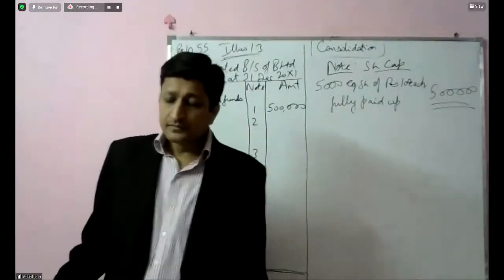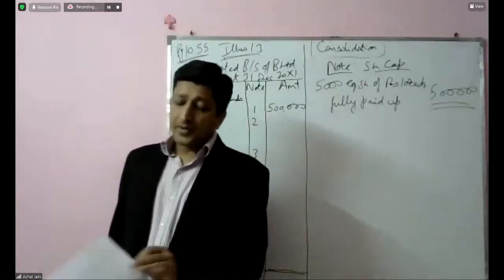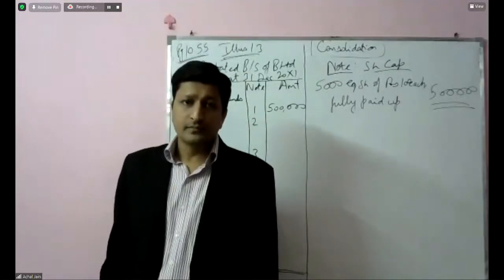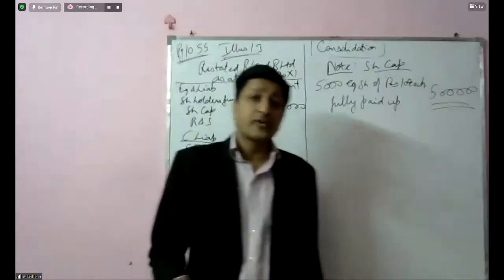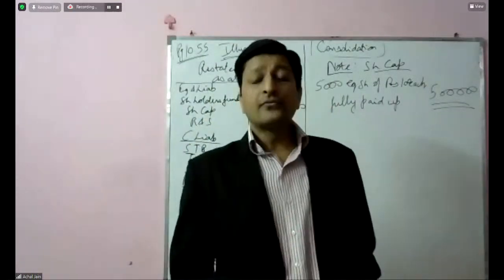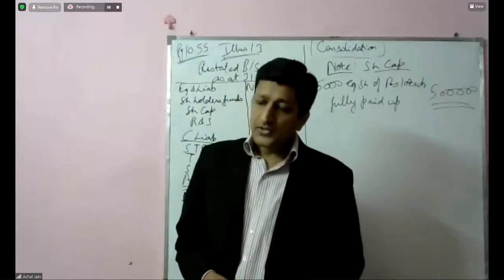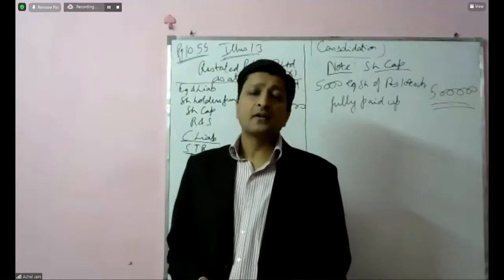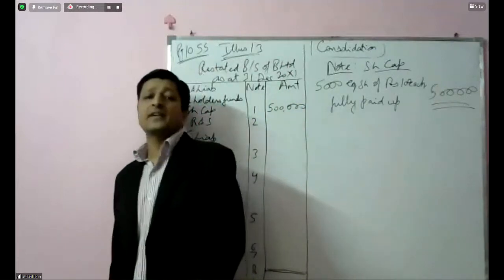I'll go to note number 2 slightly later. Why? Because certain adjustments are going to come in respect of trade receivables, means the writing off of our trade receivables, and in respect of change in inventory in terms of its valuation, and in respect of adjustment expenditure. All of them will hit the reserves.